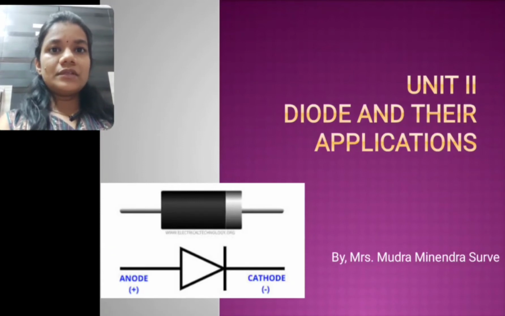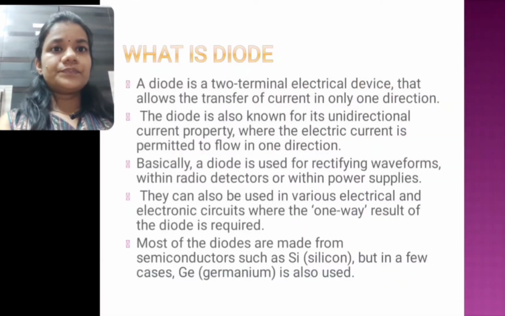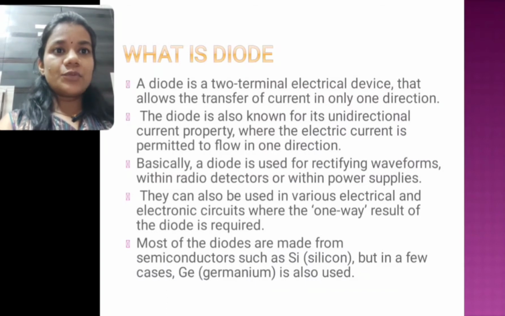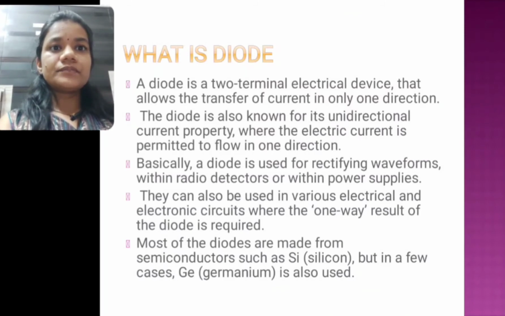Before going to see the diode and their application, we must understand what a diode is. A diode is nothing but a two-terminal electrical device that allows the transfer of current in only one direction. This is the main property of a diode.